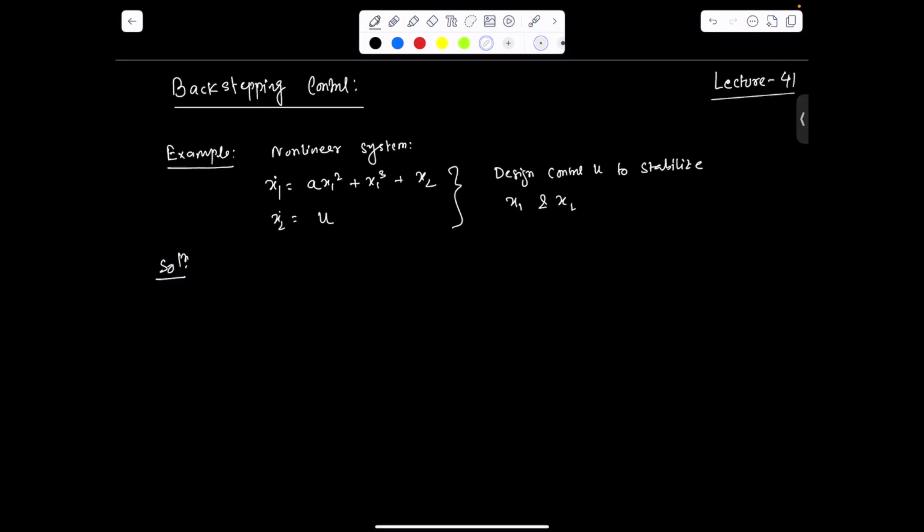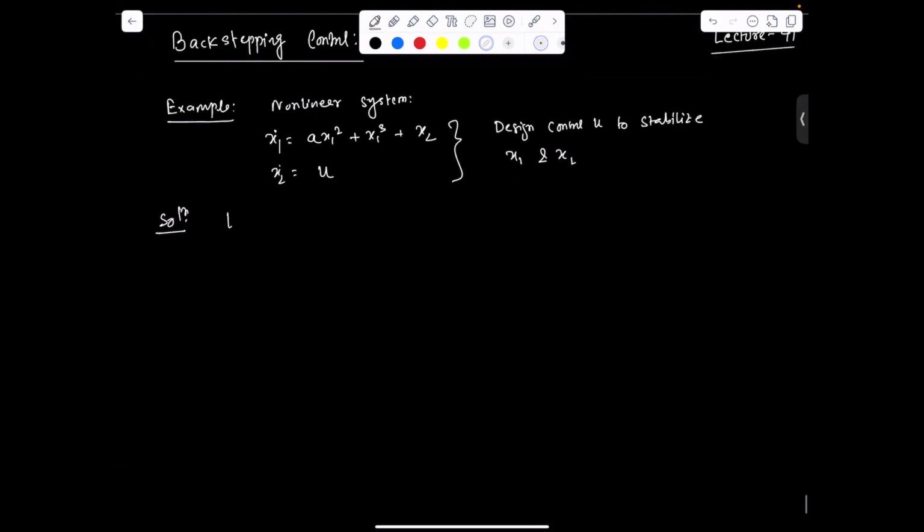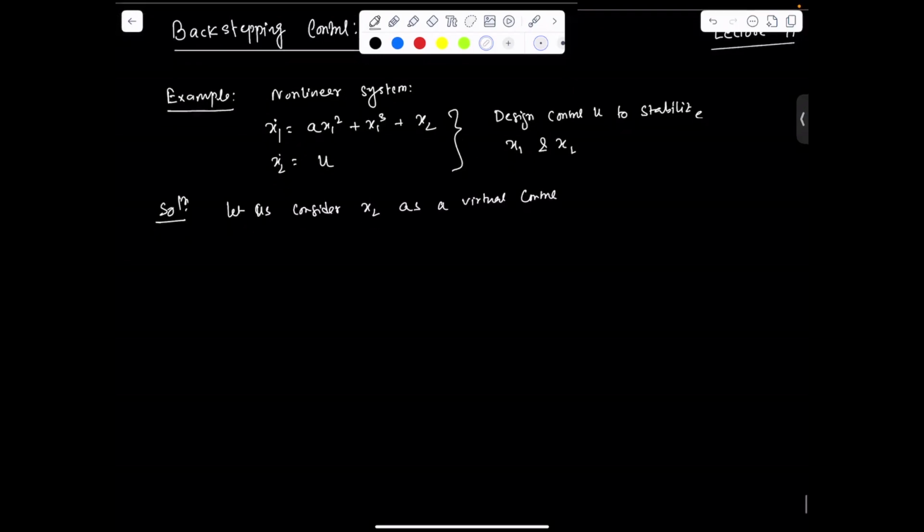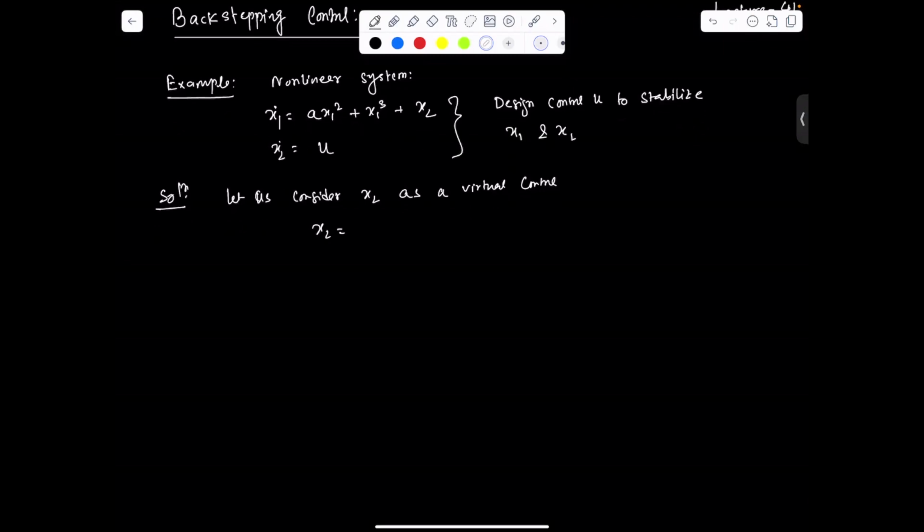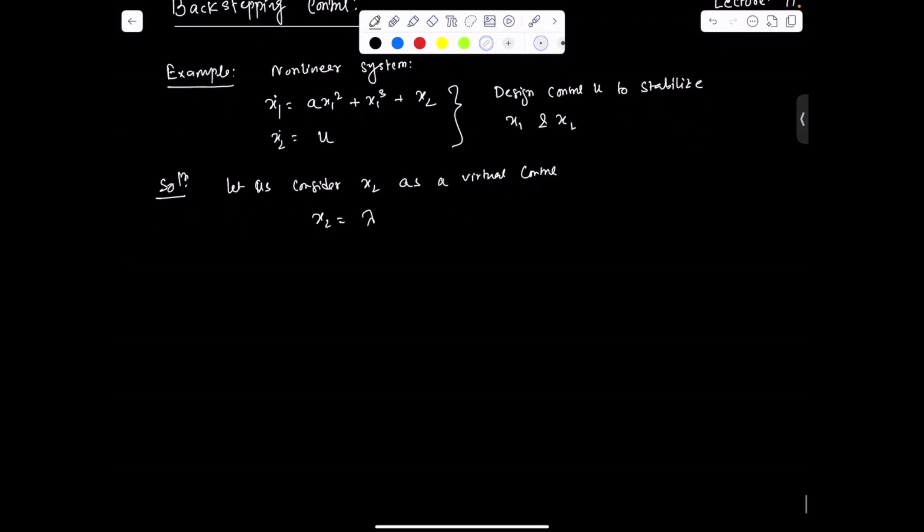So let us consider x2 as a virtual control, which is denoted as x2 equal to lambda, for example. So lambda here is a virtual control. In the previous example, we had alpha 1. So here we are assuming lambda.